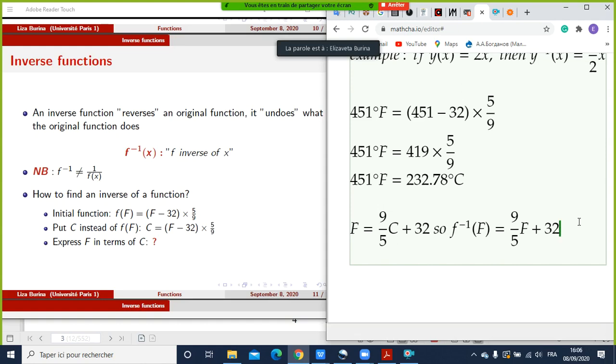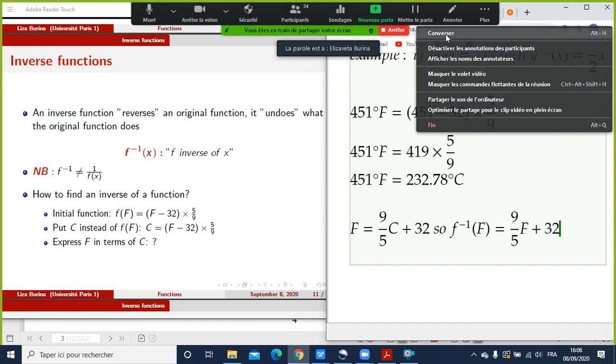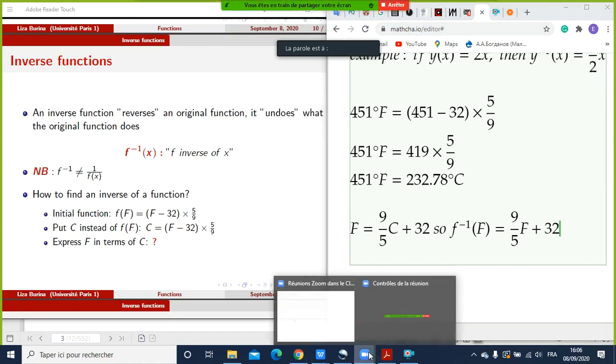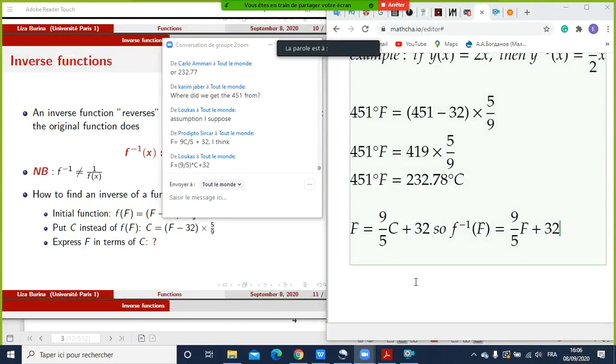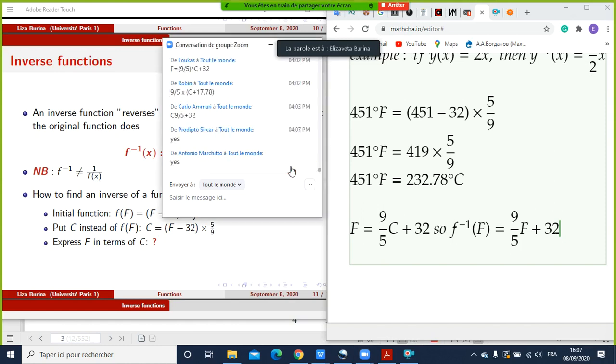Okay, now I have a question for you. Well, first question is, can a function be its own inverse? And if it can, give me an example, please. Yes.